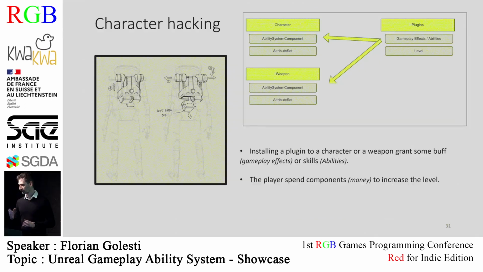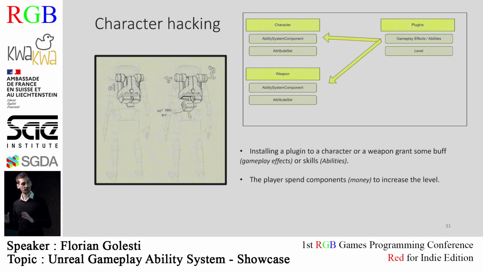Just a quick note for you to understand the rest of the presentation. In our game, it's a kind of hack and slash. So we have this idea that we can customize our character or customize our weapon.